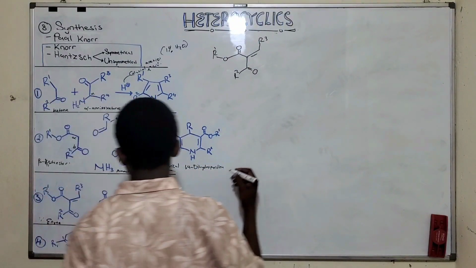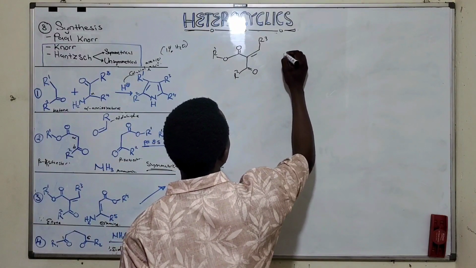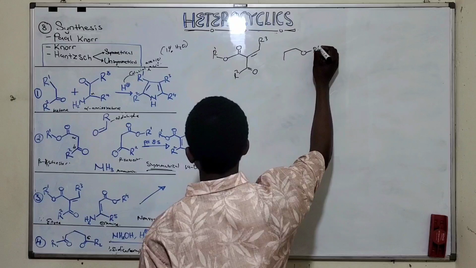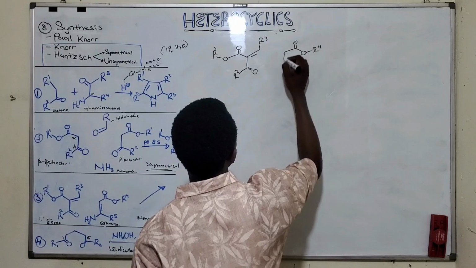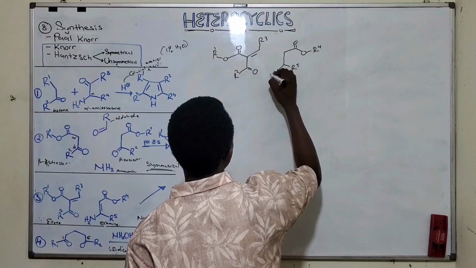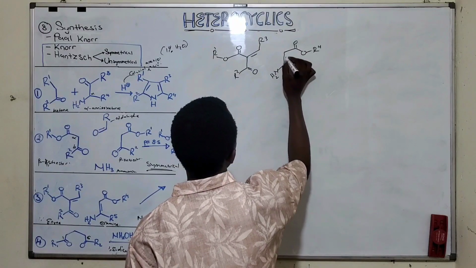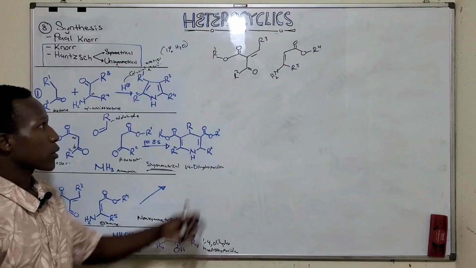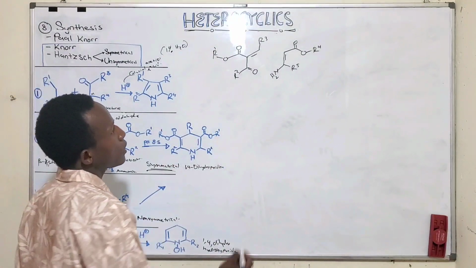Then we have our enamine: R4 and R5 with NH2 and a double bond there. So that's what we are having.